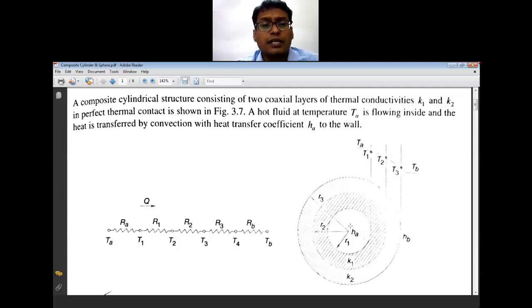So in this case the total resistances are Ra, the inner surface resistance, then R1, the resistance between T1 and T2, then the resistance R2 between T2 and T3, and you can go on adding T3 and T4 and so on.